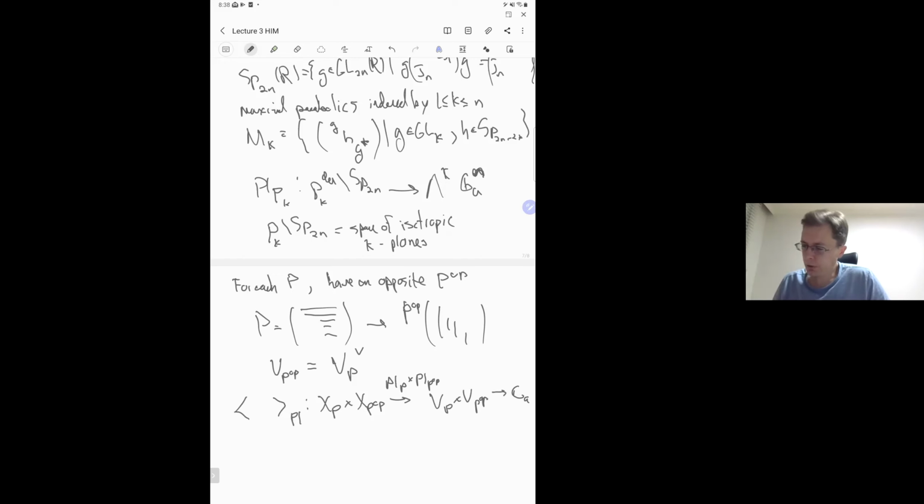If I have XP and XP op, then I can embed them into these two representations that I gave explicitly above, VP and VP op. And since these two are dual to each other, I can pair, and then I get some map to GA. So in other words, I have a pairing.